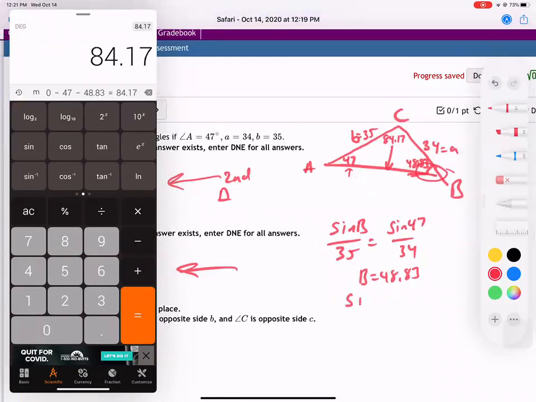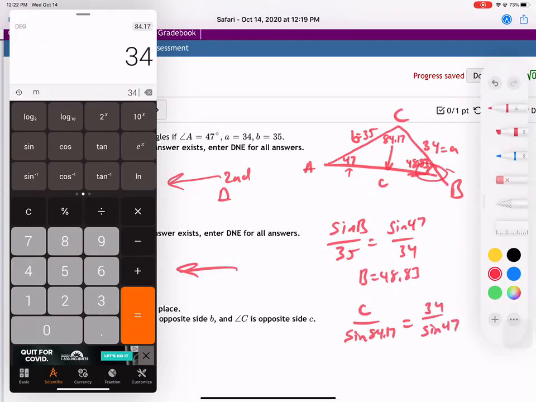So since that's a side first, C over sine of 84.17 is equal to 34 over sine of 47. 34 times sine 84.17 divided by sine 47, and we're left with C is 46.24. I'm going to double check this by just comparing the sides and the angles. Do small angles have small sides? And do large angles have large sides?